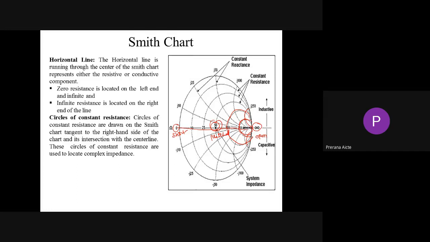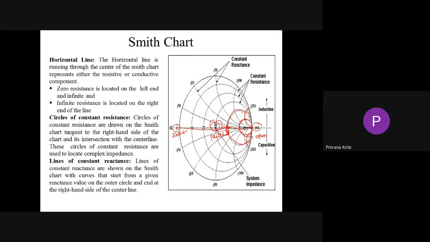Here it is intersecting at the center line. These circles of constant resistance are used to locate complex impedances.